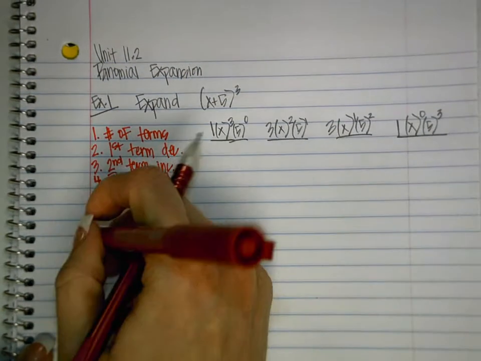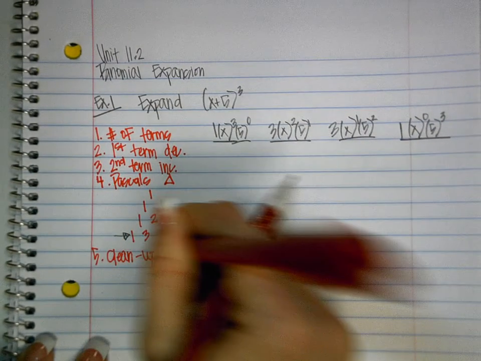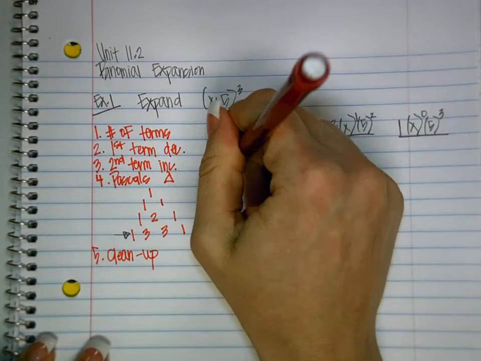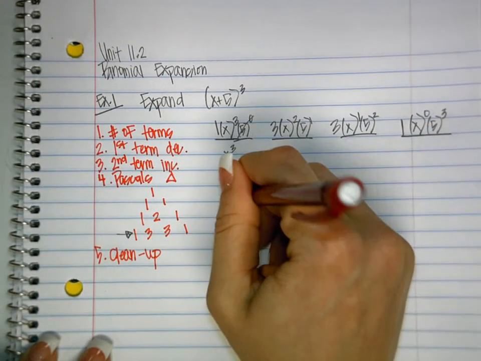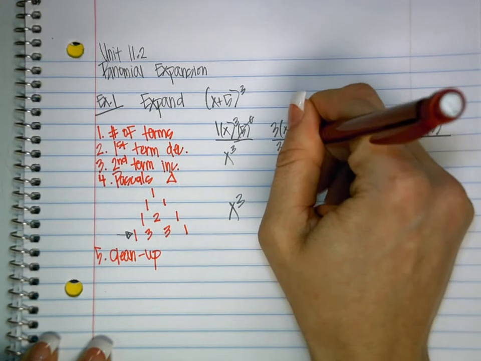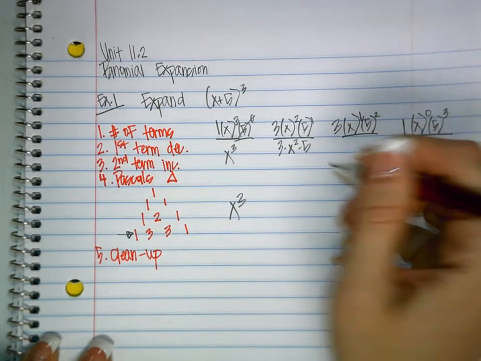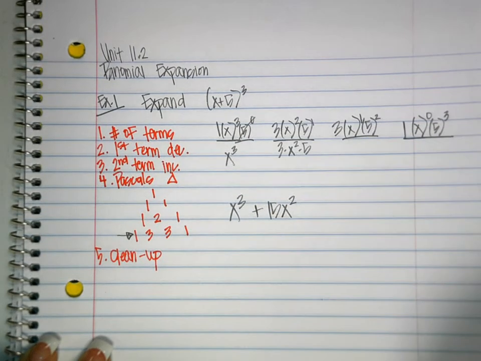And then your last step is always to clean it up, okay? So when we're cleaning up, here this is really just x to the third. These go away, so it's times 1. So your first term is just x cubed. This is going to be 3 times x squared times 5. So 3 times 5 gives you a positive 15x squared.